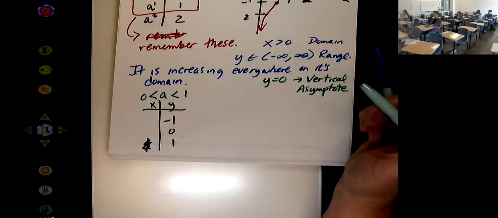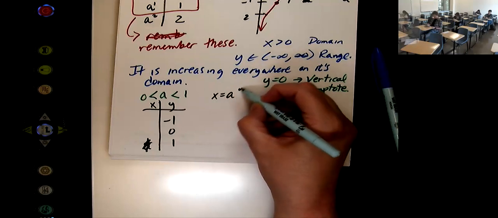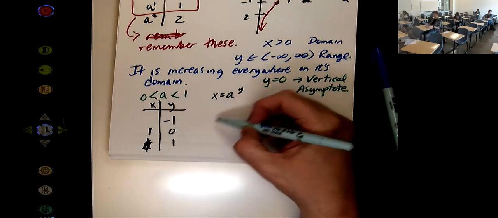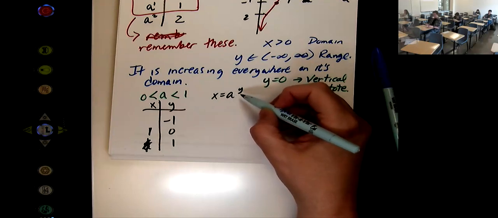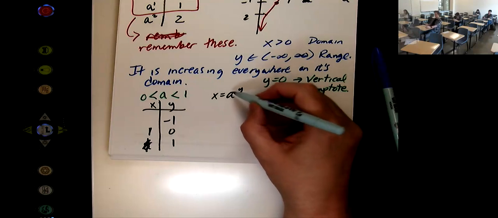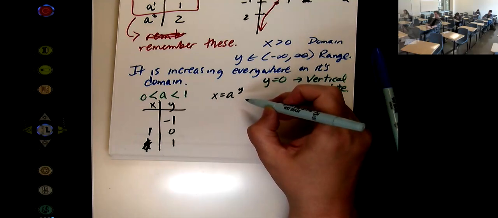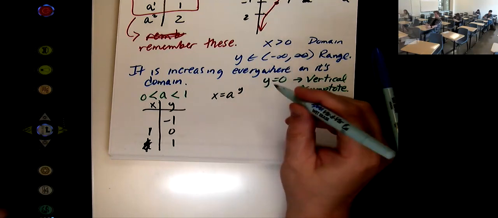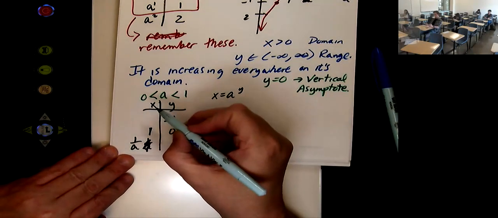I think I have that backwards. Let's see. X equals a to the y. When y is 0, that's still 1. When y is 1, it's a to the 1, but a is a fraction. So this is like 1 over a. That's not really 1 over a though, that's not a good analogy. But yeah, that is what I've got listed over here.